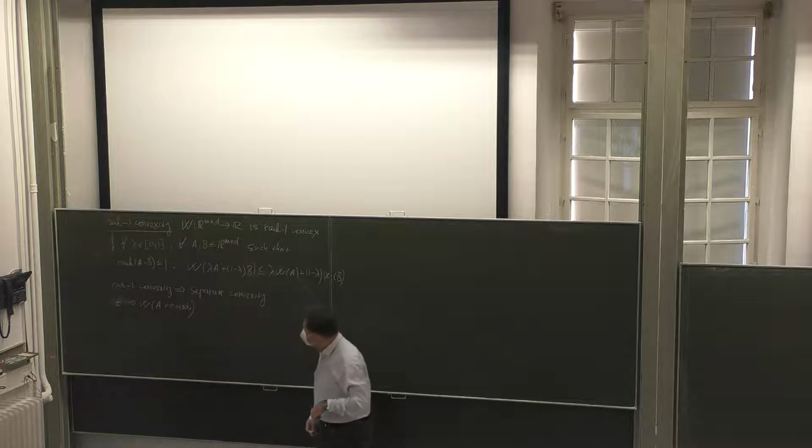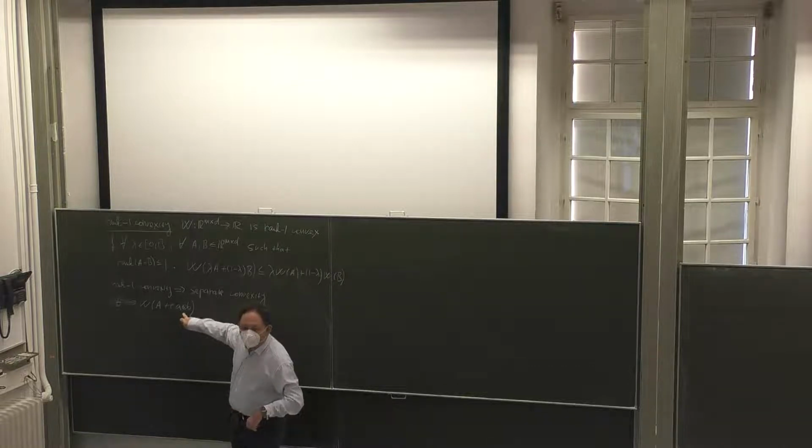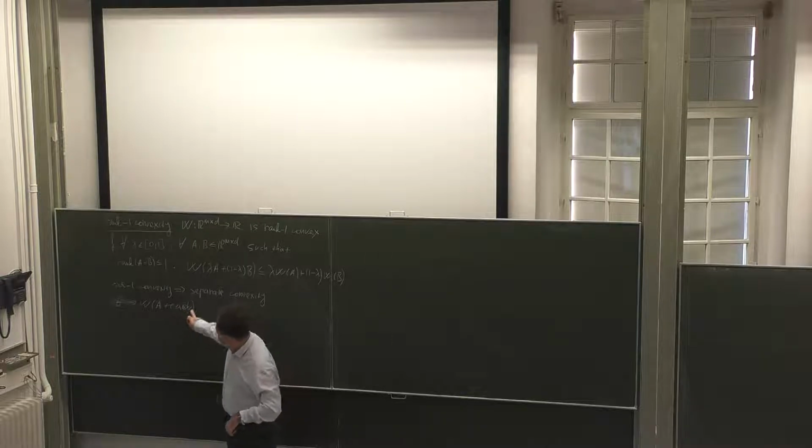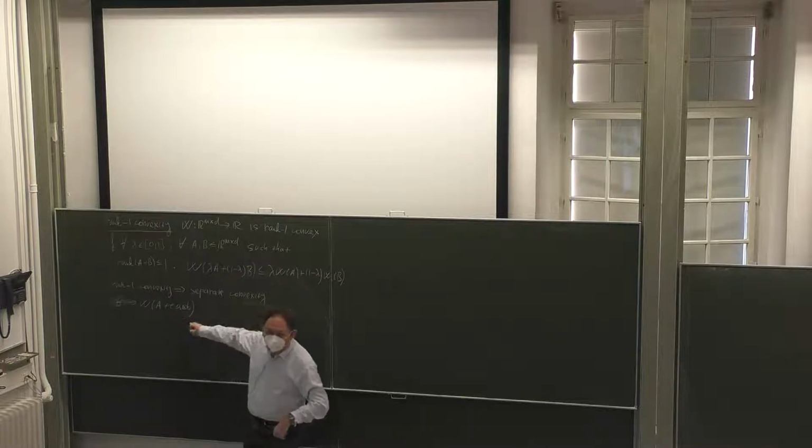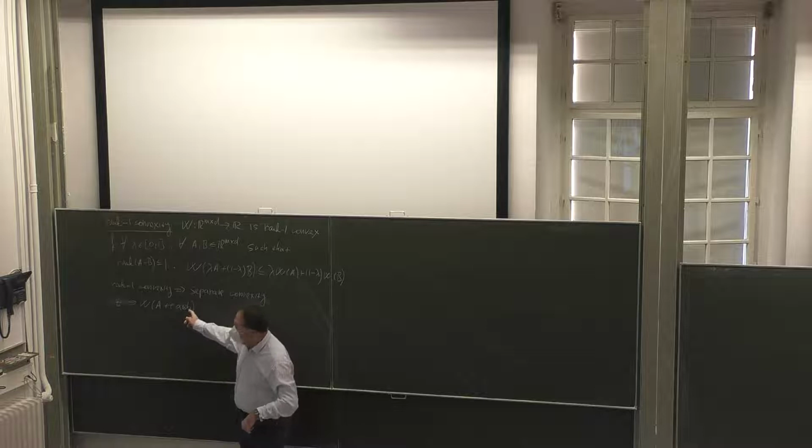So this function has to be convex because I start from a point A and I go in the direction of a rank 1 matrix, because a tensor b always creates a rank 1 matrix, and every rank 1 matrix can be written in this form. It's just a little algebraic lemma.